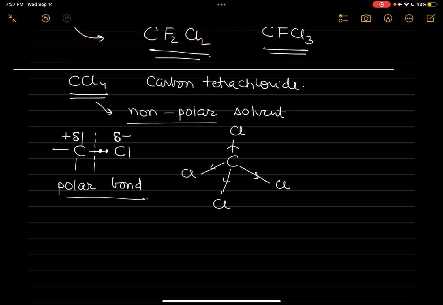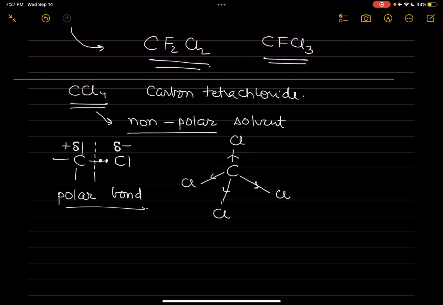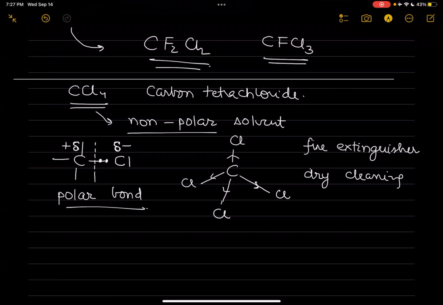Is it clear? Yeah. So where is it used? It is used as a fire extinguisher, to cut off carbon dioxide. And it is used as a dry cleaning solvent. So all of us must be aware of dry cleaning.